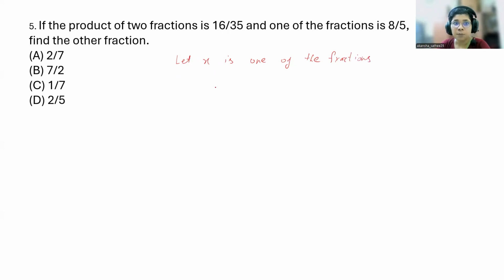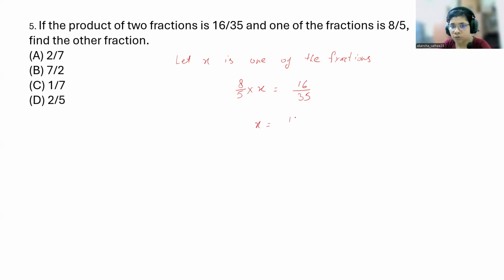What they are saying is the product of two fractions is 16 by 35, and one of the fractions is 8 by 5. So 8 by 5 into X is equal to 16 by 35. You have to calculate the value of X.